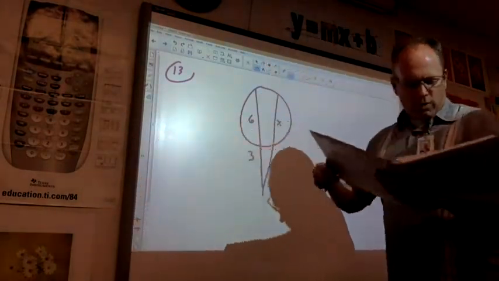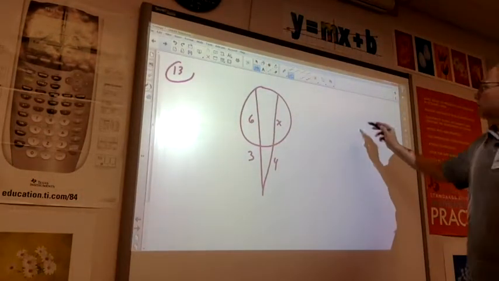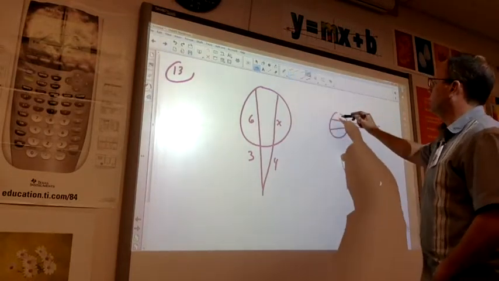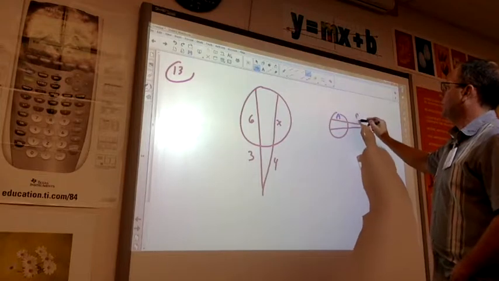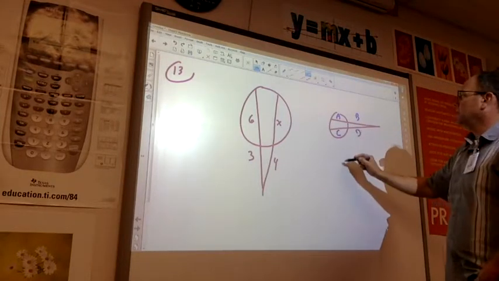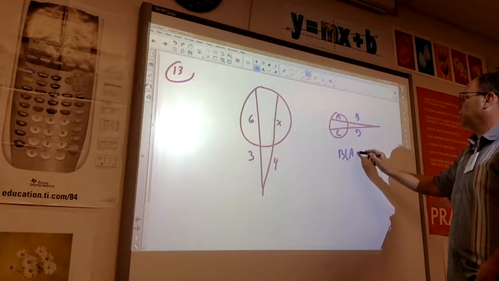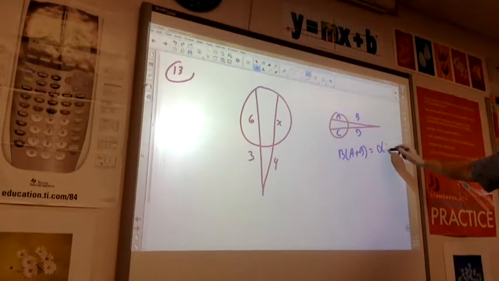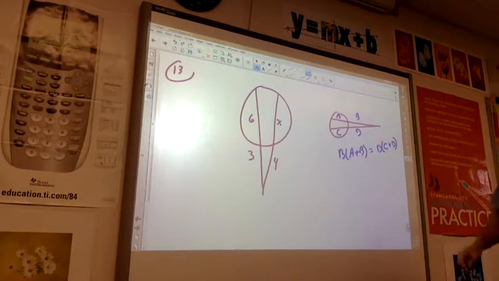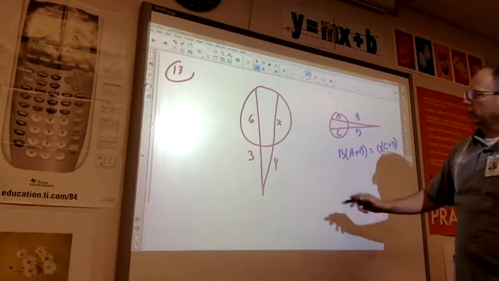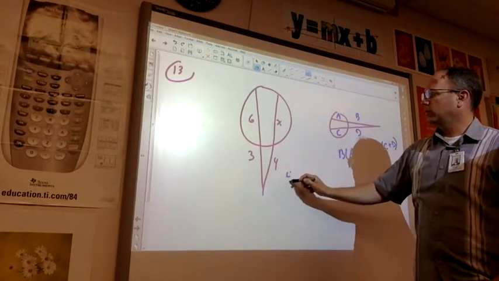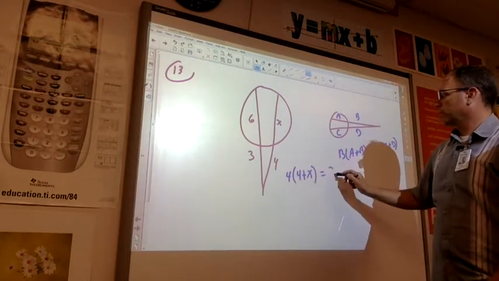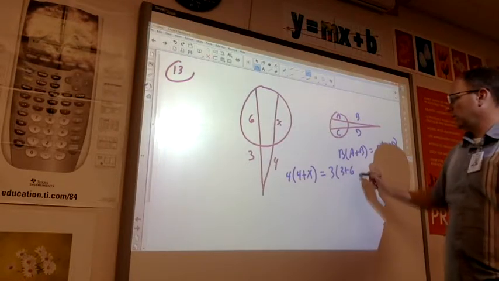X. We want to solve for x, so we have to remember the rule it goes with. If this is A, B, C, D, it's going to be B times A plus B is equal to D times C plus D. With that known, we're going to go 4 times 4 plus x is equal to 3 times 3 plus 6.